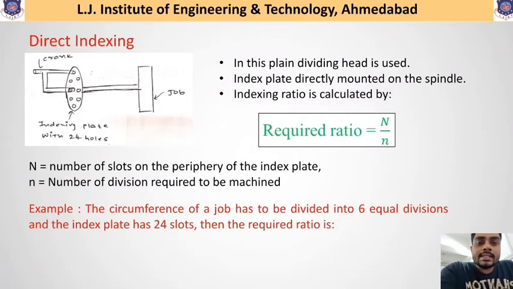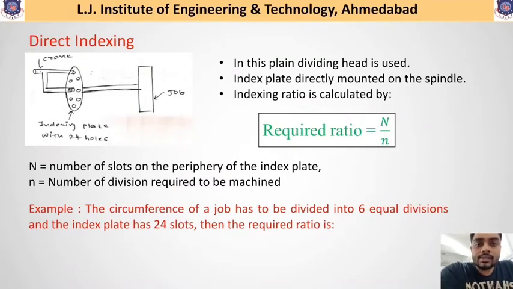As I have told you, for any numerical, first try to find the given data and then find what result is required. In this case, 6 equal divisions are required on the workpiece, and the index plate has 24 slots. The required indexing ratio can be obtained using the above equation.